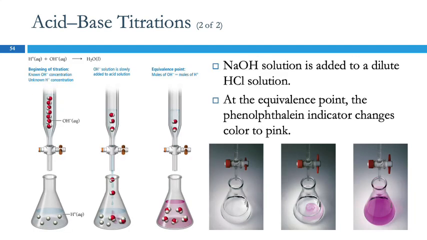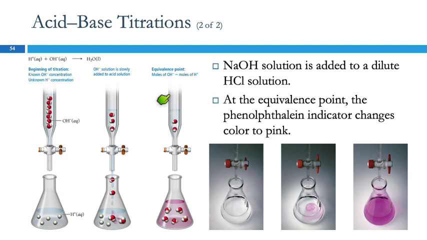Pictures. An illustration, so this is what we use the burettes for. Here, we're putting sodium hydroxide in the burette, and maybe you have hydrochloric acid in the flask. We know the concentration of the sodium hydroxide, and we're going to add sodium hydroxide to the acid until the indicator changes color. And that tells us to stop. You've added enough sodium hydroxide.